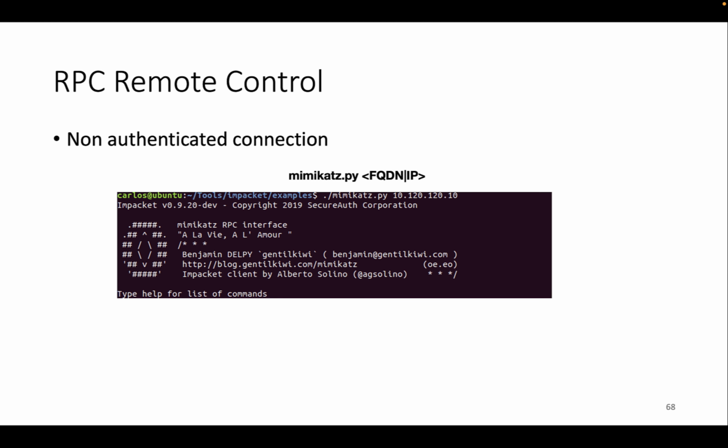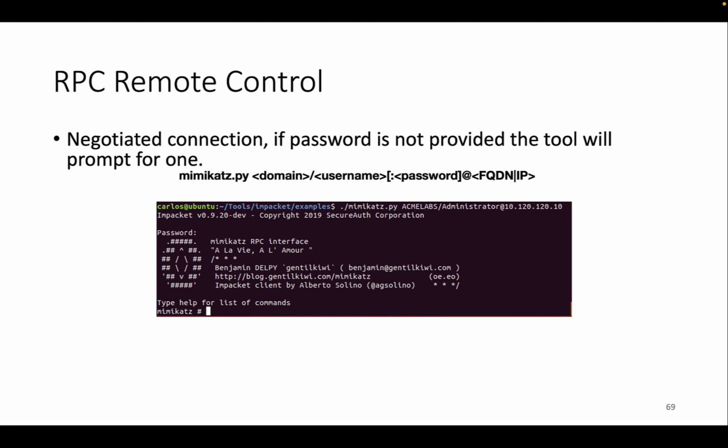You can do like I just did in the demo, where I just connected by providing the IP address or the FQDN as a parameter. If authentication is set up, then I'm going to have to connect to this machine providing credentials, either domain or local. I can specify the password in the string, or I can have it ask for it if I don't specify it.